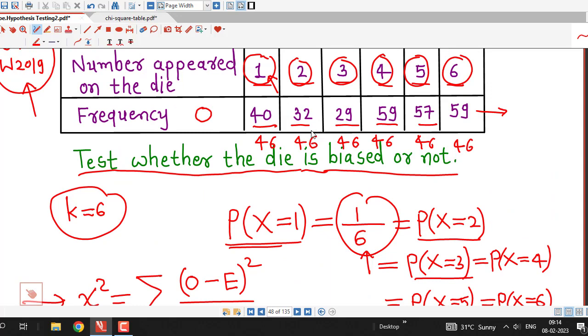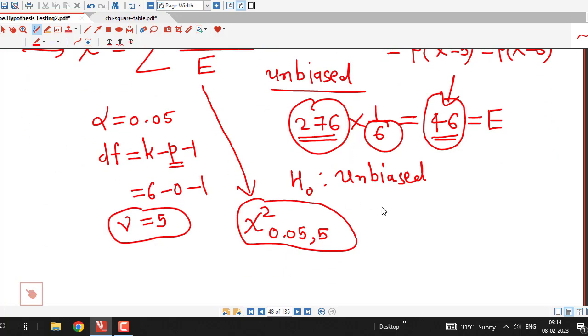So if all the expected frequencies are equal for each of these numbers, then we can say that the dice is unbiased. Because we are assuming that the null hypothesis is correct, that is the die is unbiased, we find out the expected frequency for each of the numbers simply by dividing 276 by 6, and we obtain 46 expected frequency for each of these numbers.